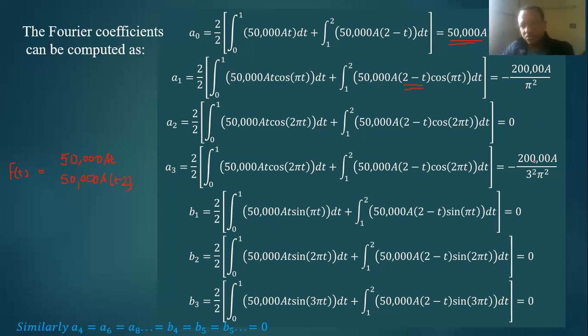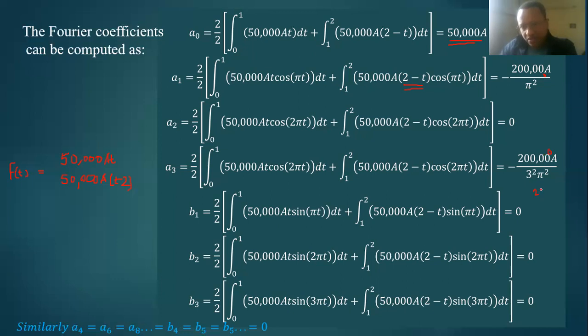It is not like this; there is a zero missing here, and a zero missing here. So 200,000 A over pi square for i1. For i2, it is 0. And for i3 it is minus 200,000 A over 3 cube pi square.